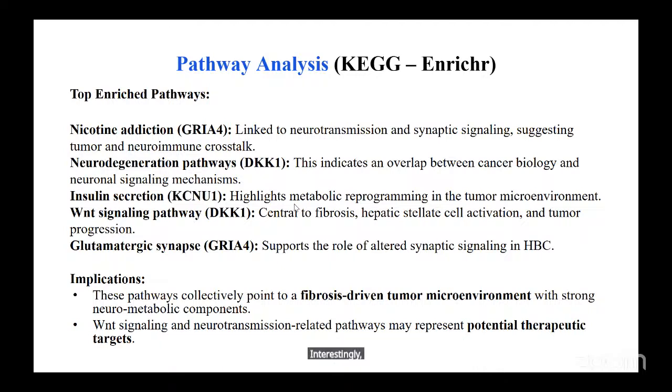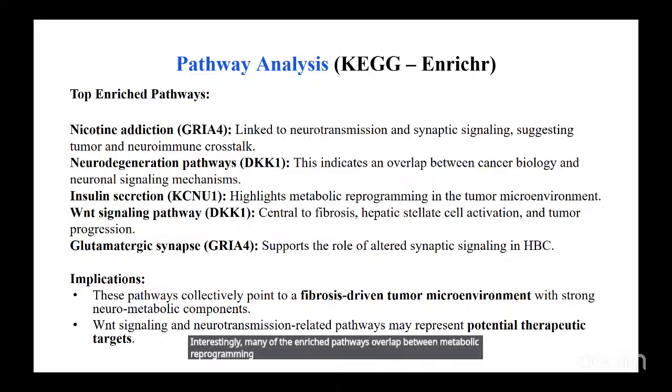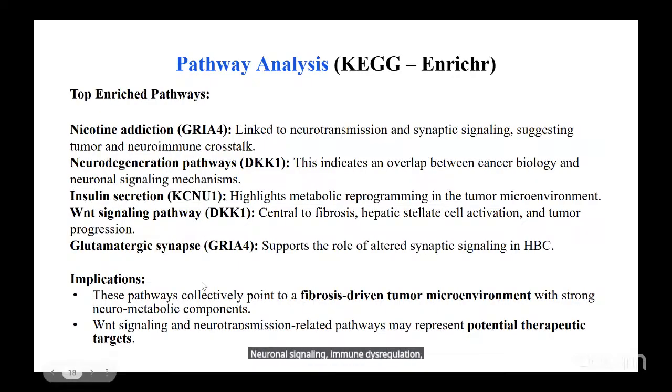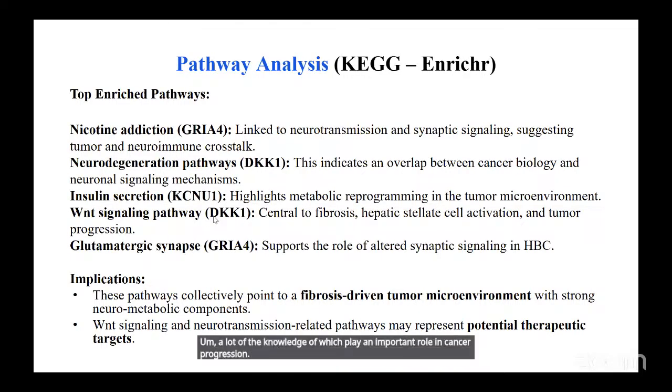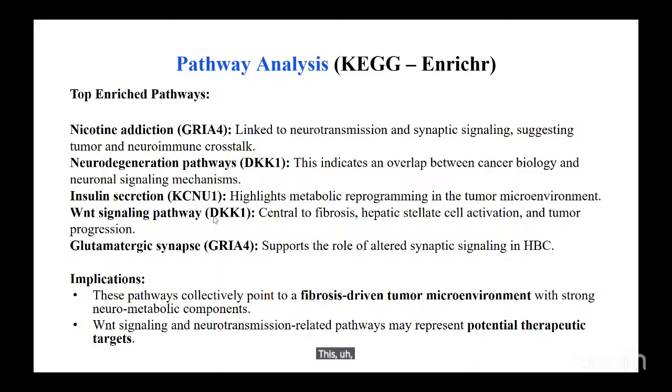Interestingly, many of the enriched pathways overlap between metabolic reprogramming, neuronal signaling, immune dysregulation, and a lot of other things, all of which play an important role in cancer progression. This gave me a clear picture of how hepatobiliary carcinoma operates at the system level.